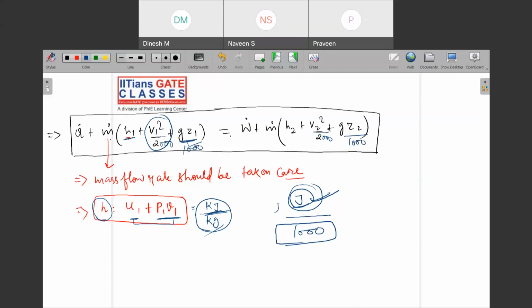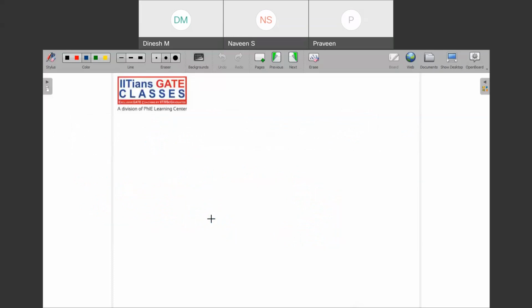Then only you will reach the correct answer. Otherwise you will find that the magnitude is getting out of your hand, a very big number, but this should not ideally be. Okay. I hope all of us appreciate this fact.